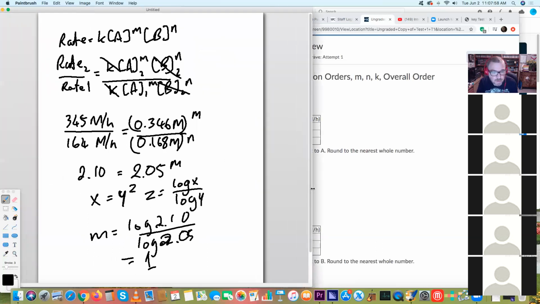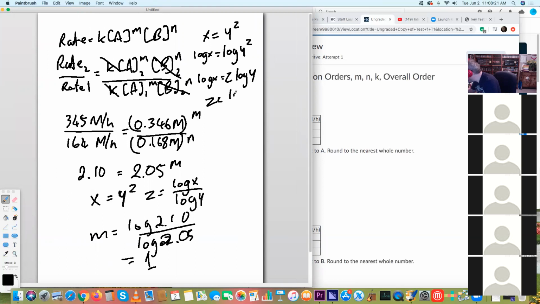If you've got something like x equals y to the z, and you take the log of both sides, you'll have log x equals log y to the power of z. Now, by a log rule, we know that log x equals z log y. And so to isolate z would be log x over log y.